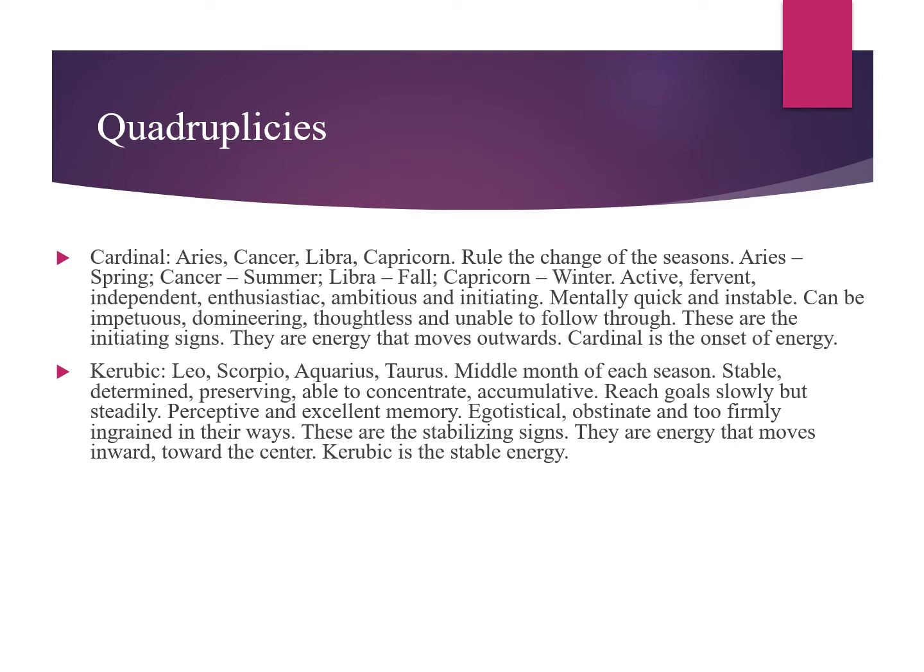They reach goals slowly but steadily. They're perceptive and have excellent memory. They can also be egotistical, obstinate, and too firmly ingrained in their ways. These are the stabilizing energies of the elements. They are the energy that moves inward and returns toward the center.